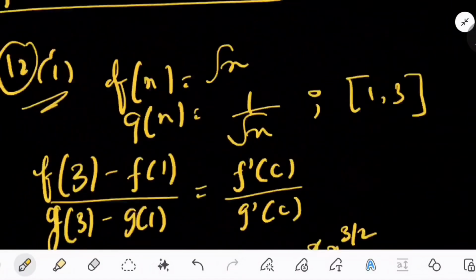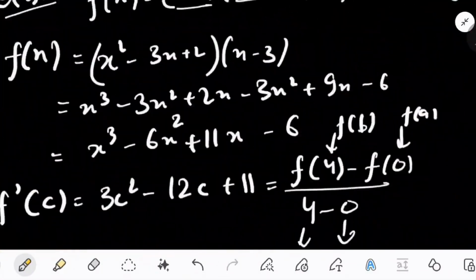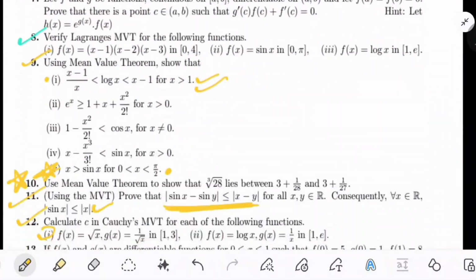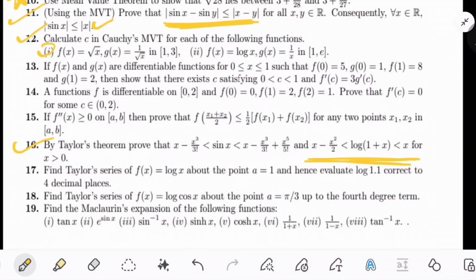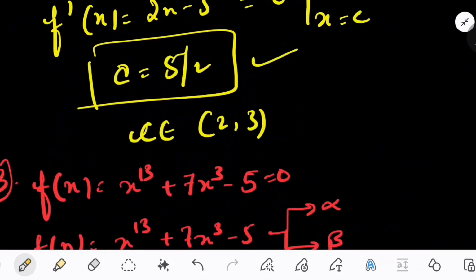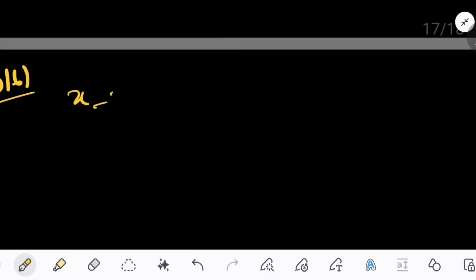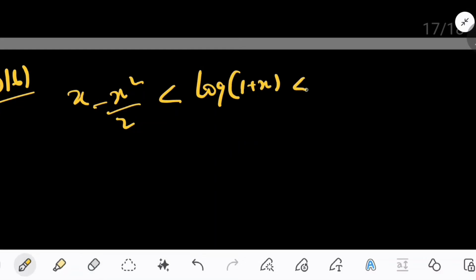x minus x square by 2 is less than log of (1 plus x), which is less than x.